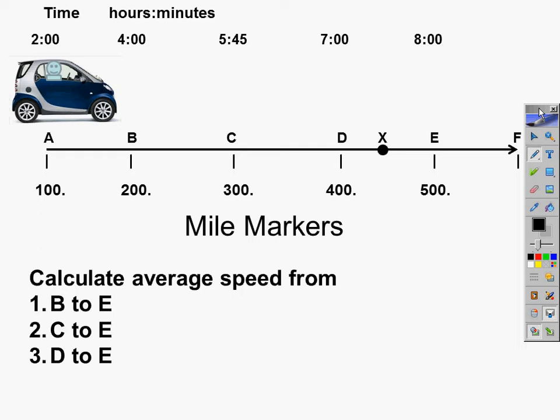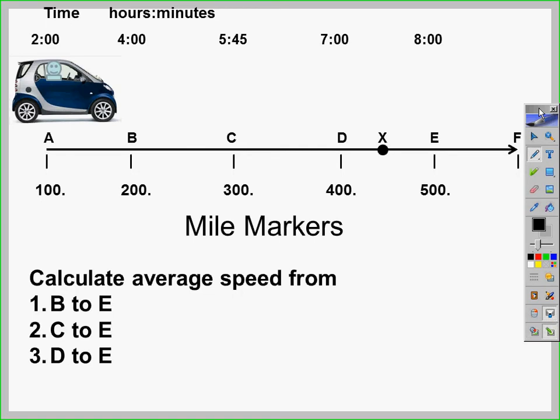What I would like you to do is calculate the average speed from B to E, and then from C to E, and then from D to E, in miles per hour.